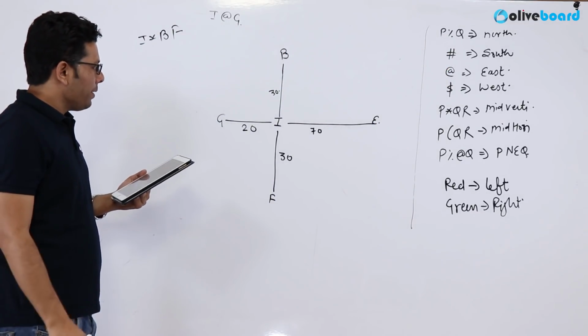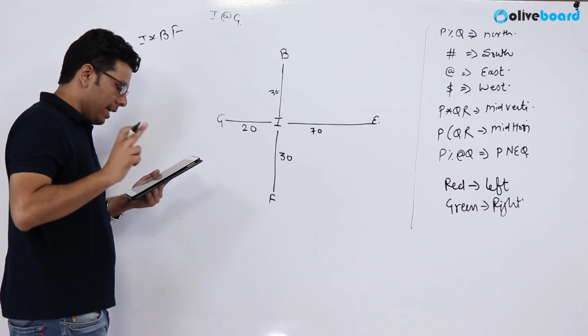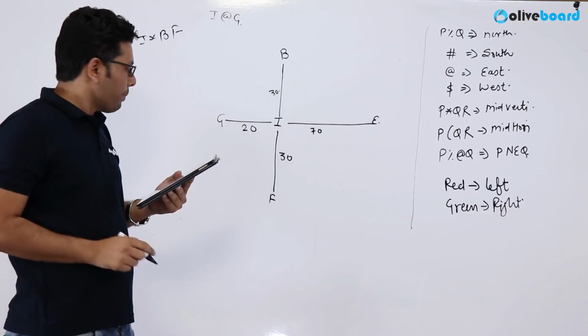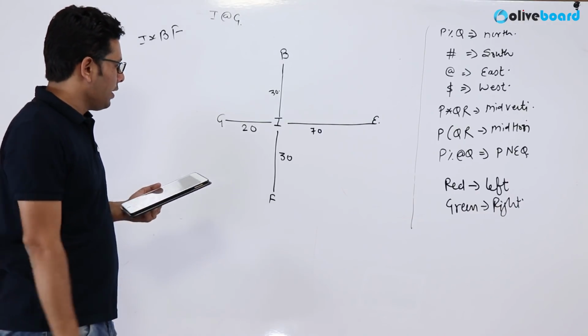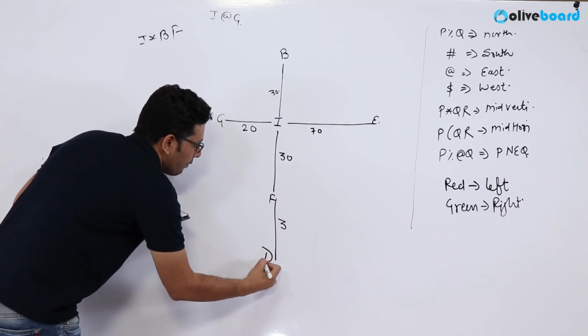F is 35 meter to the north of D. So D would be somewhere here.